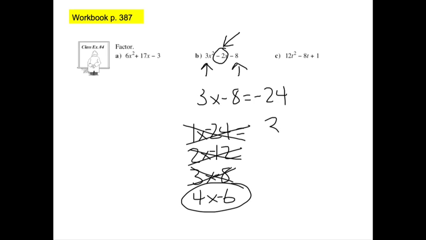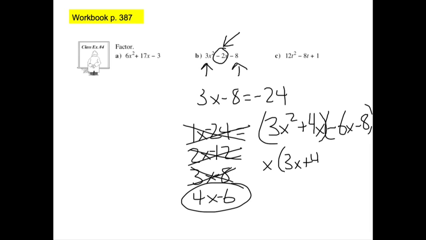So you've got 3x squared plus 4x minus 6x minus 8. Put the first two in brackets, put the last two in brackets. The first bracket, what you can take out is an x, so that's going to be left with 3x plus 4.